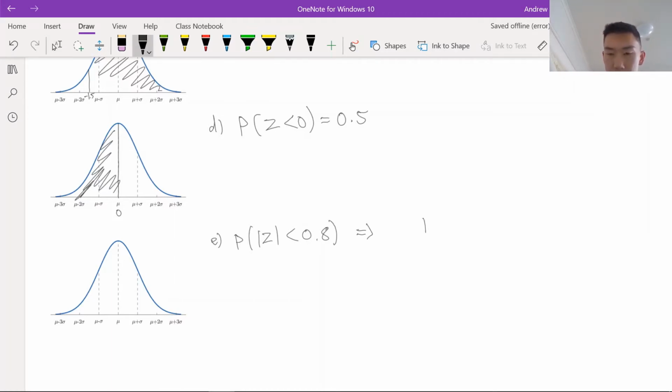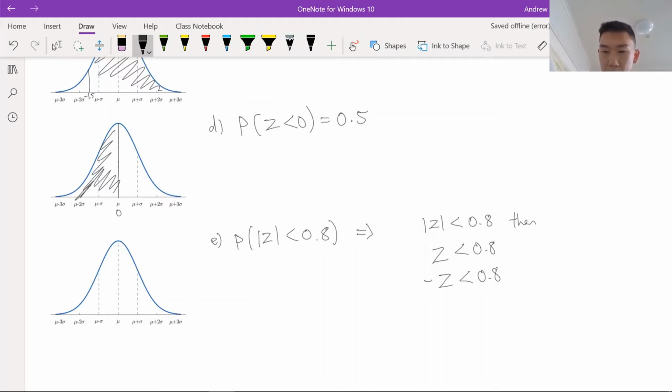If mod Z is less than 0.8, then that means positive Z is less than 0.8, and also negative Z is less than 0.8.